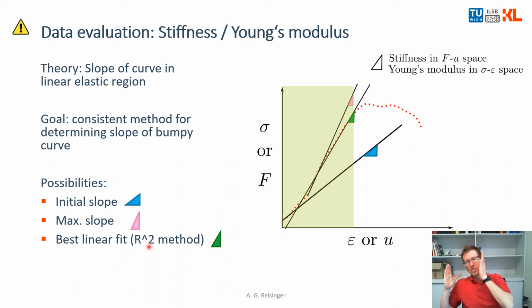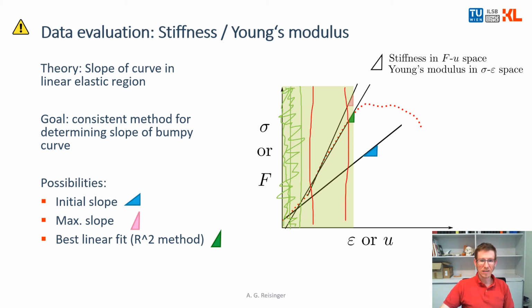So what you can do now is take your line and put the line in a certain window of your test data. Imagine you consider only this region of test data and put a line there, and you measure the R² value, so how well it fits. Then in the next step you increase your window, make it larger, put the line in there and determine the R² value, and you do that step by step until the end of your test data.